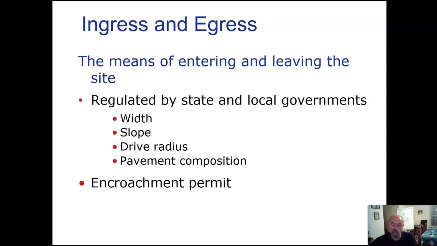Permits called encroachment permits are often required in order to connect a roadway to a public road. So they're regulated by the state and local governments for the width, slope, drive radius, pavement composition, things of this nature.